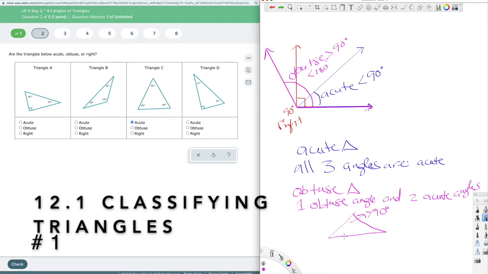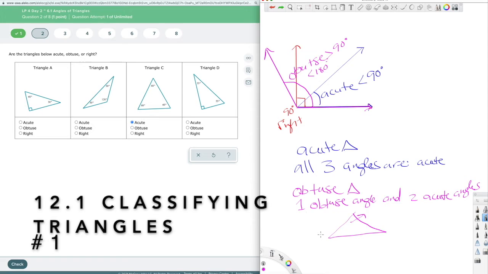I can only have one because 90 plus 90 is 180. So if I had two angles that were more than 90, two obtuse angles, that wouldn't work. I'd have more than 180 already just with two angles. And remember, all three angles always add up to 180 degrees.